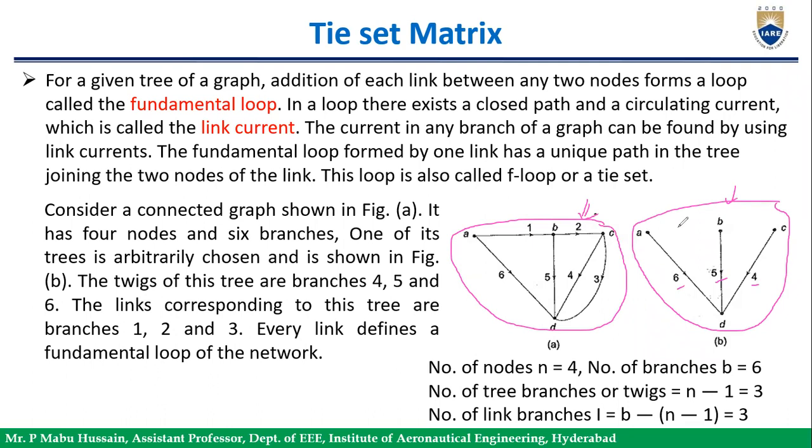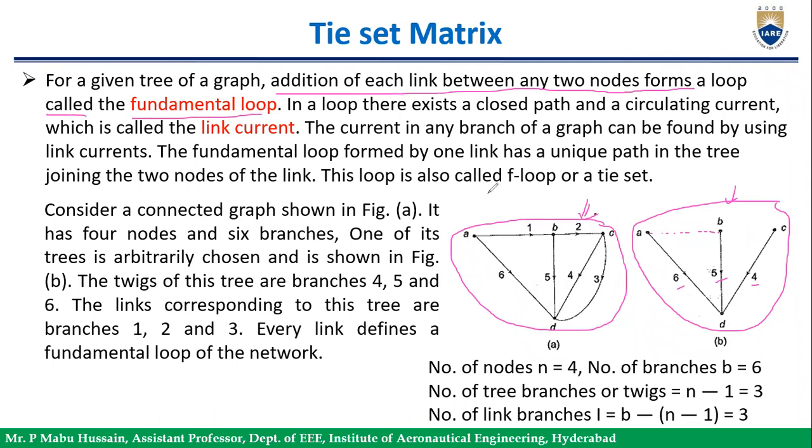Now from the tree only, we are going to develop this Tieset matrix. Suppose after getting this tree, if you add one link to this, you get a closed loop. Addition of each link between any two nodes forms a loop, which is called the fundamental loop.